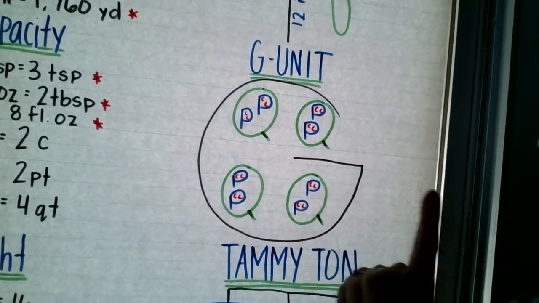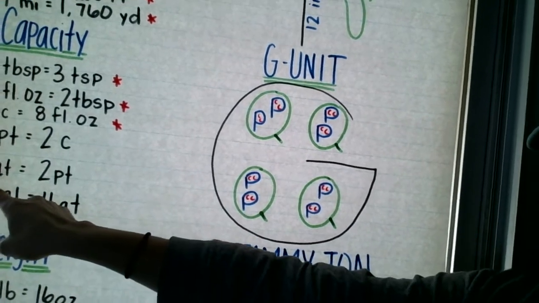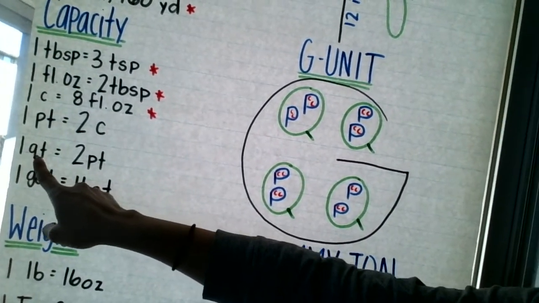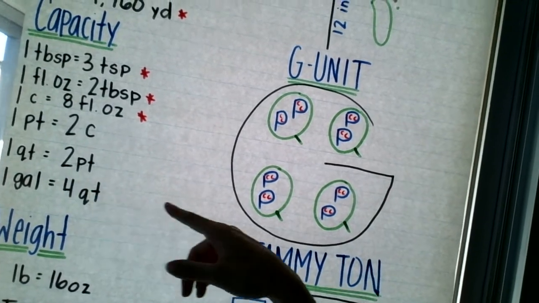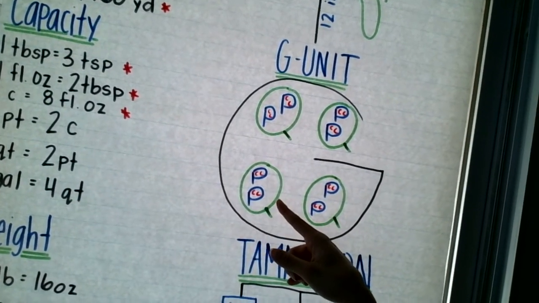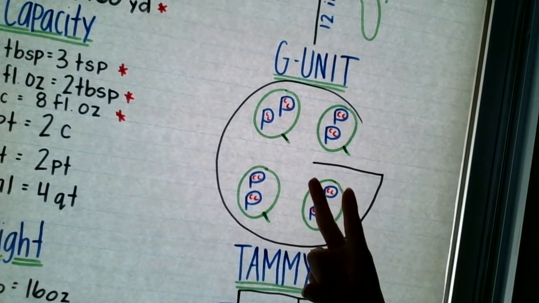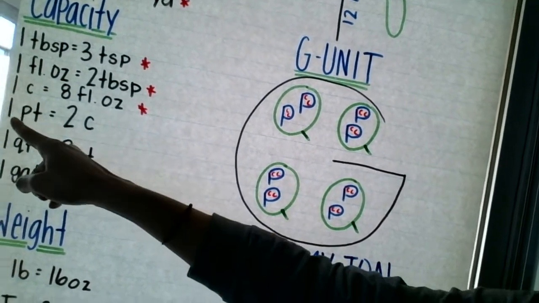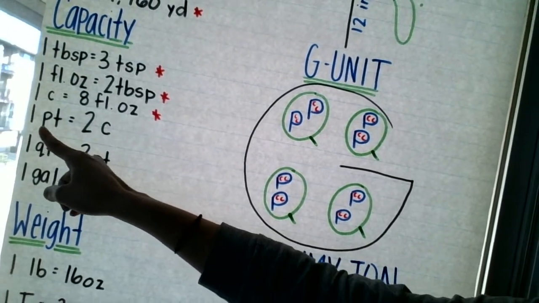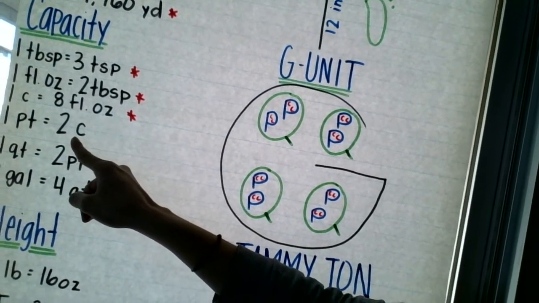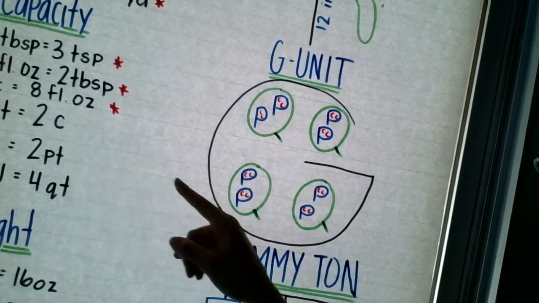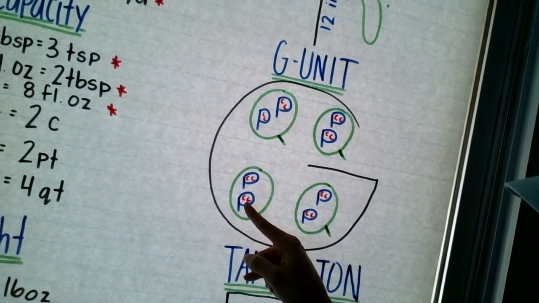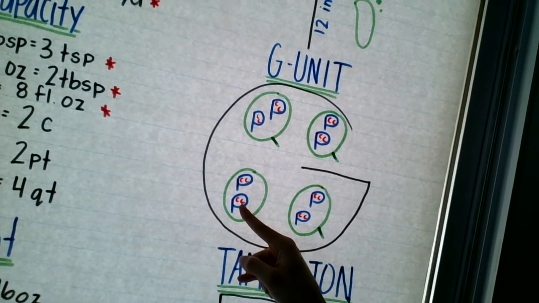And then let's look at 1 quart. 1 quart is equal to 2 pints. How many P's do we see in there? 2. 1, 2. And then 1 pint is equal to 2 cups. So let's look at one of the P's. Inside the P, we have 2 really small C's, standing for cup.